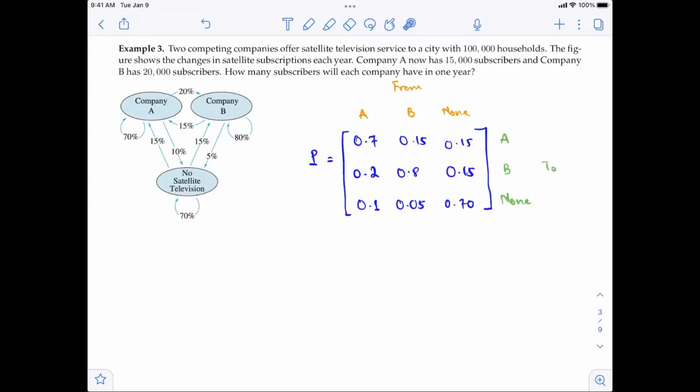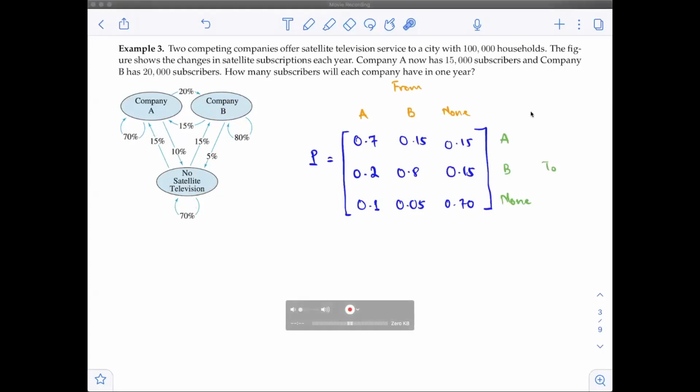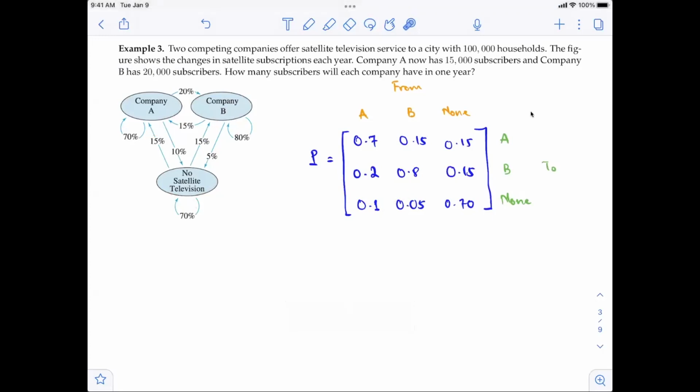And the initial conditions, or the initial values, are always given to you, right? The initial information given to you here is that the total number of households is 100,000. Company A is starting with 15,000 subscribers, and company B has 20,000 subscribers at the beginning.